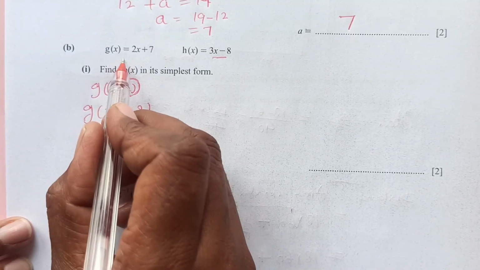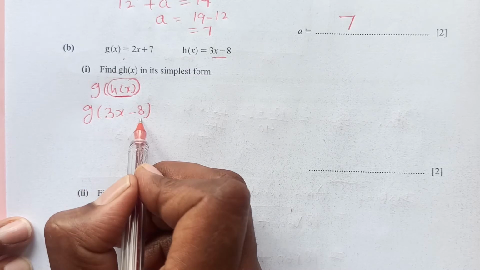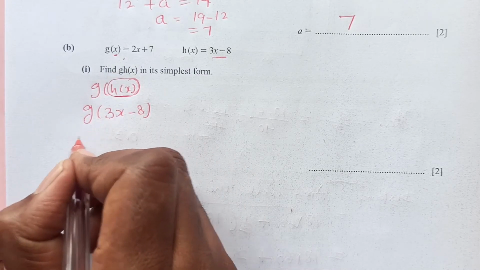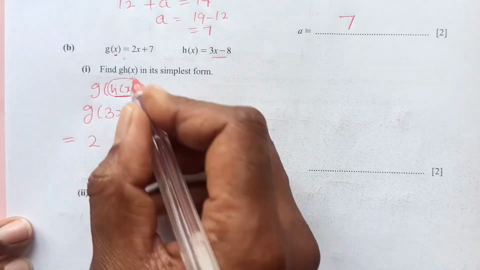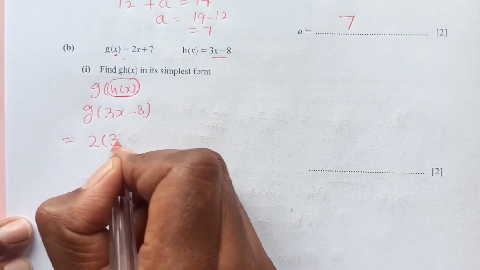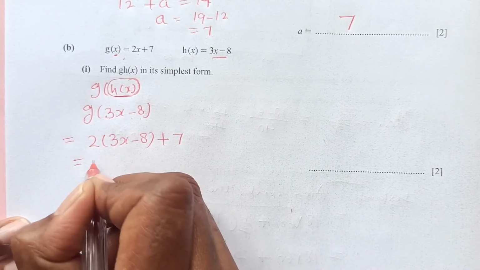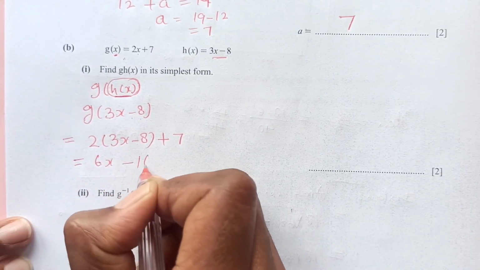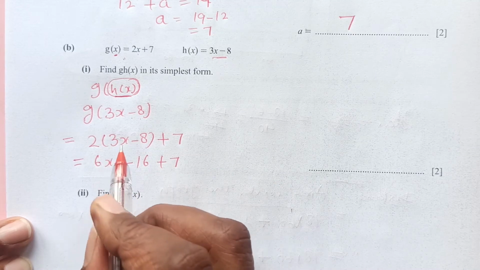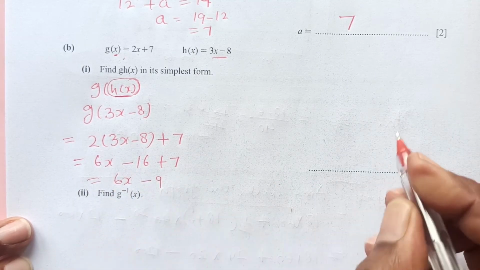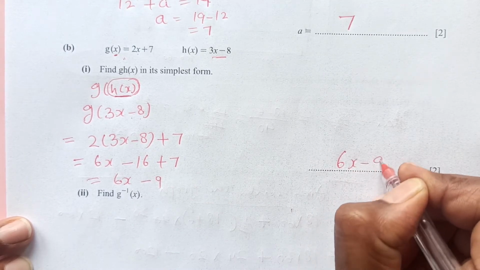Now we are here in g of 3x minus 8. Now instead of x, we have 3x minus 8. So that is 2 times (3x minus 8) plus 7, right? So open the bracket, 6x minus 16 plus 7. So 6x minus 9.